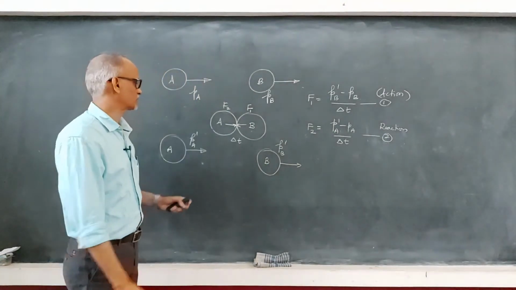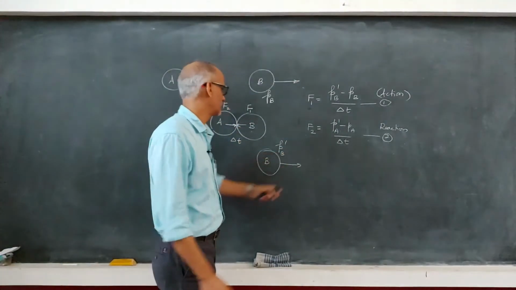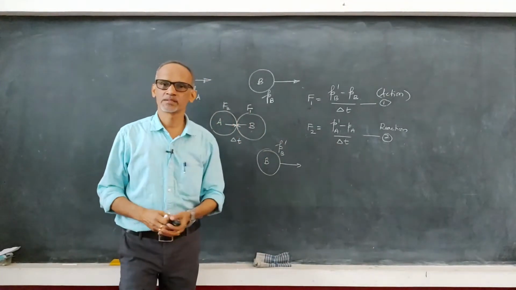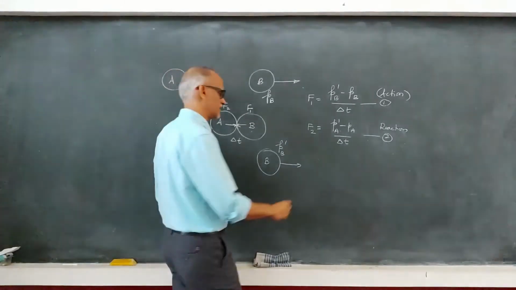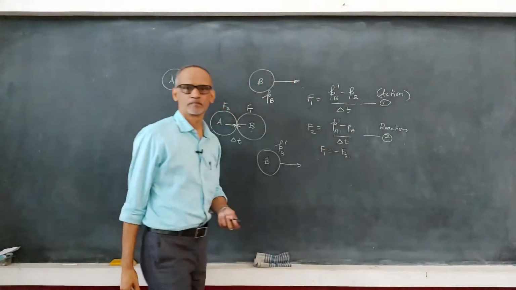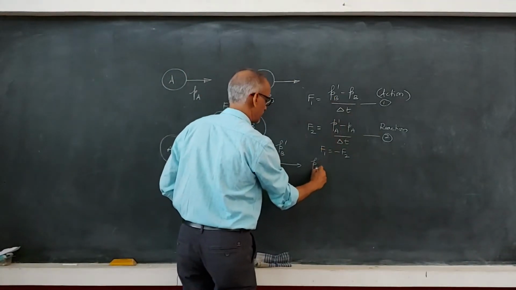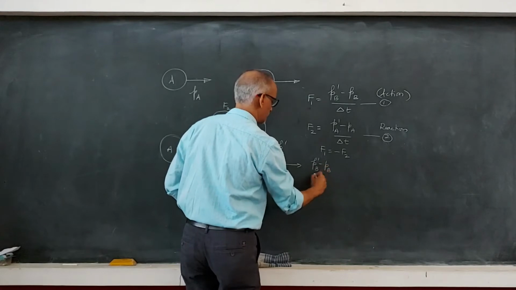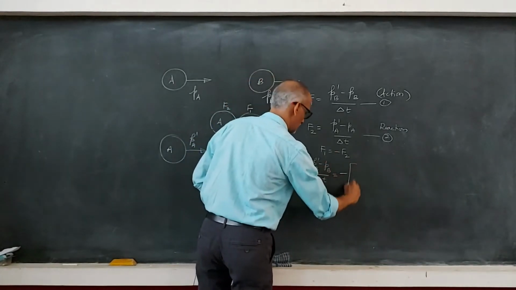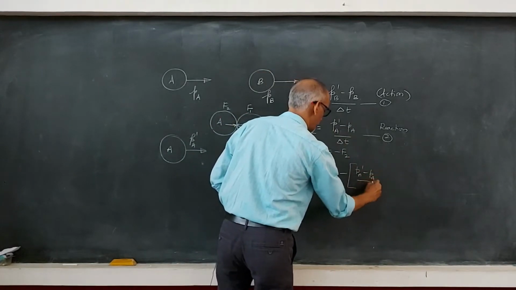What is the action? The action is the force exerted by A on B, and the reaction is the force exerted by B on A. According to Newton's third law, action and reaction are equal and opposite. So F1 is equal to minus F2. F1 is PB dash minus PB divided by delta t, which is equal to minus of PA dash minus PA divided by delta t.